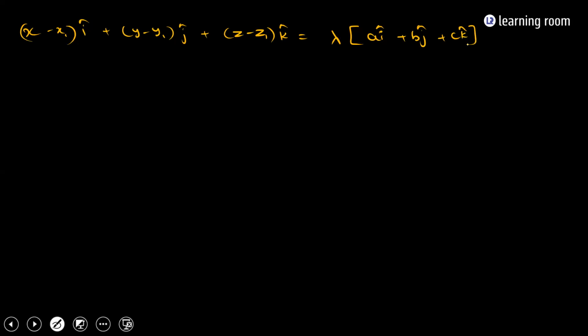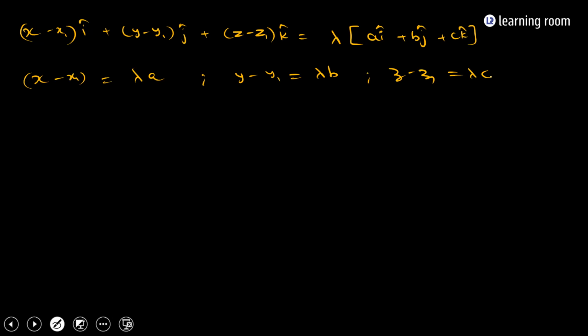So from this, what can we conclude? Since two vectors are equal, the corresponding coefficients of i, j, and k are supposed to be equal. So from this, I can say that x minus x1 is equal to lambda into a, y minus y1 is equal to lambda into b, and z minus z1 is equal to lambda into c.